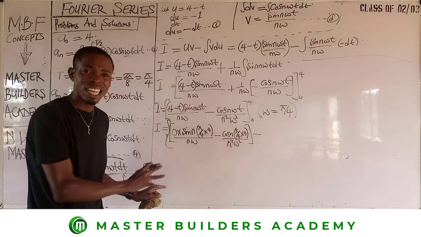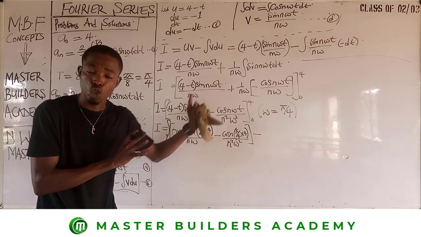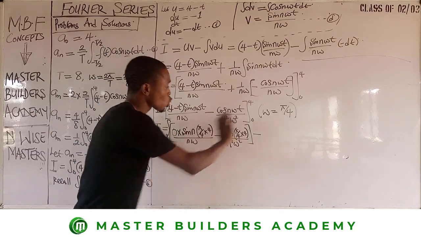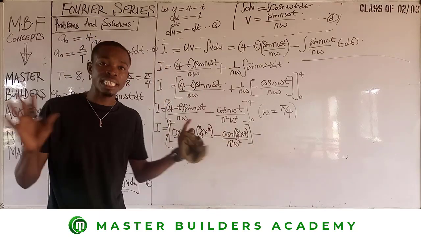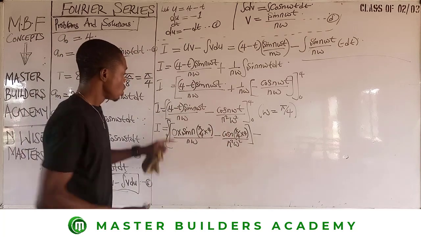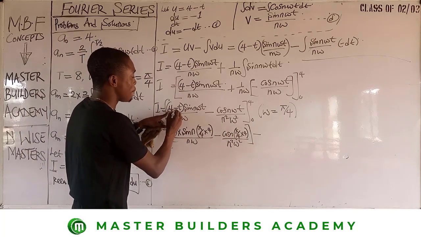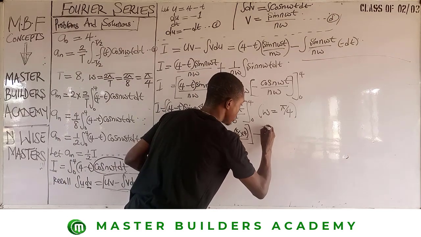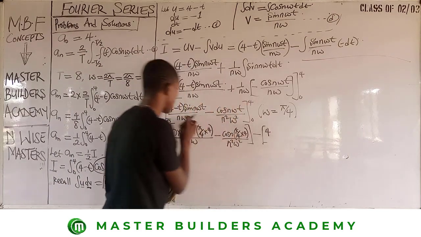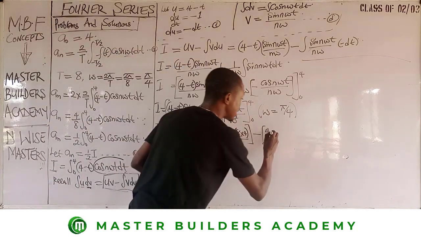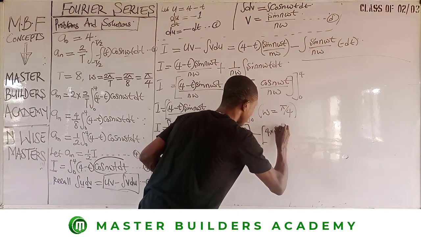Okay, so now we have successfully substituted in the upper limit, and now we're going to substitute in the lower limit. To put in the lower limit, anywhere you see t, you put in 0. So this will now be what? 4 minus 0, and then this will give us 4. Remember, 4 minus 0 is 4. Then multiplied by sine.